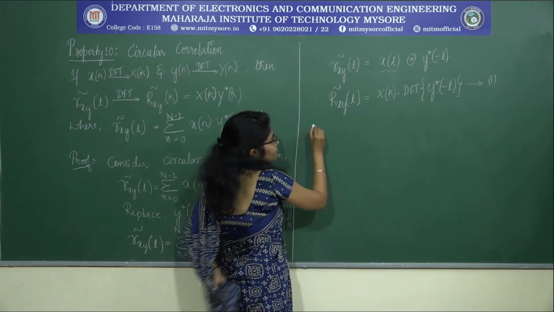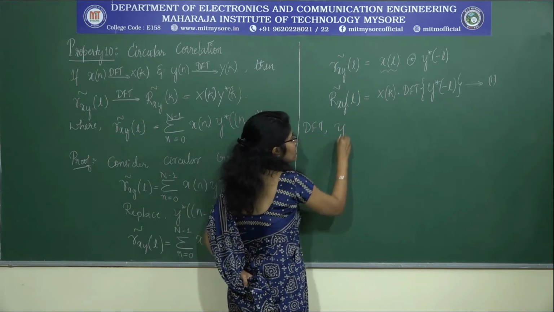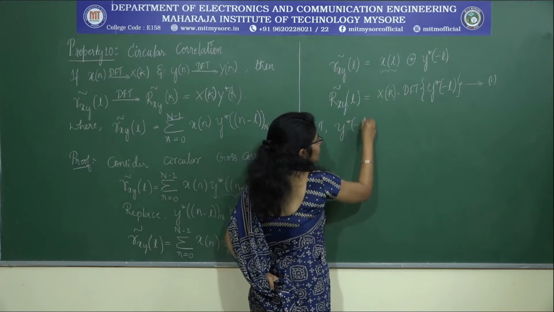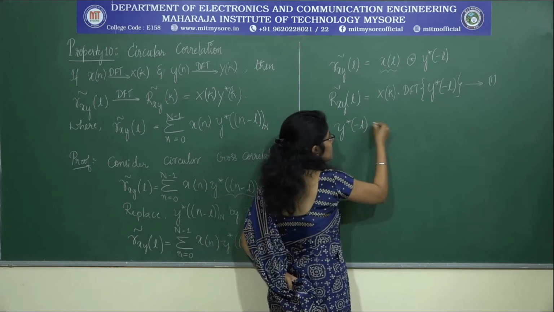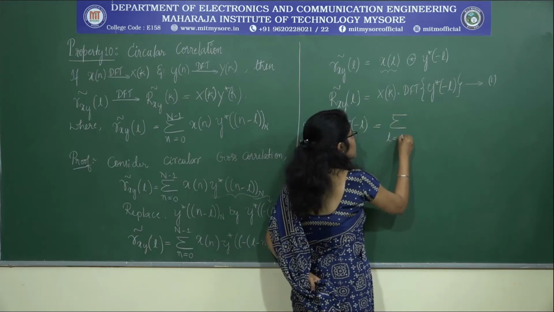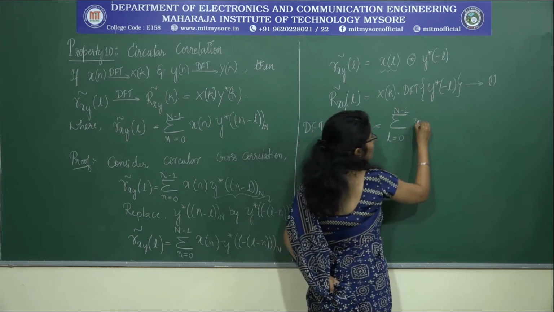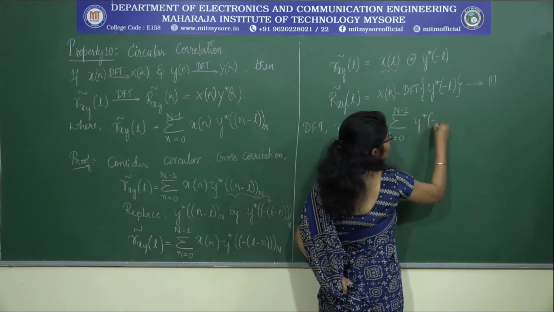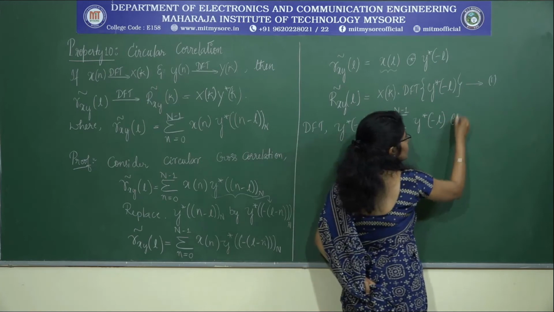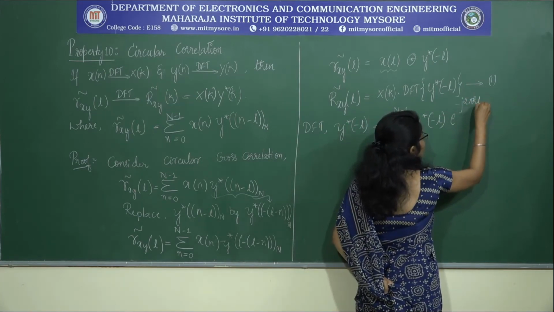Okay. So, if I write the DFT for this, the DFT for y conjugate of minus L is equal to summation L ranges from 0 to n minus 1, y conjugate of minus L into e power minus j 2 pi k L by n.